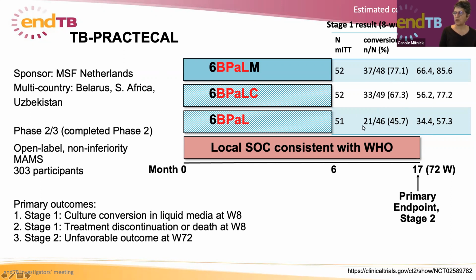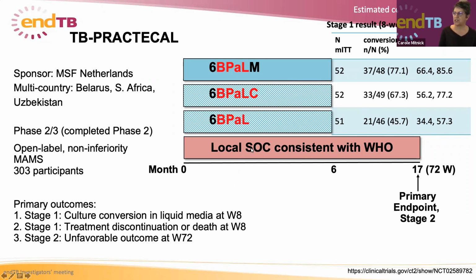This is lower than previously reported in the Nix and ZeNix trials, but all 3 arms did actually exceed the criteria for moving forward to stage 2 of this trial, but really just due to logistical and operational considerations, only this regimen moved forward against the local standard of care consistent with WHO guidance.